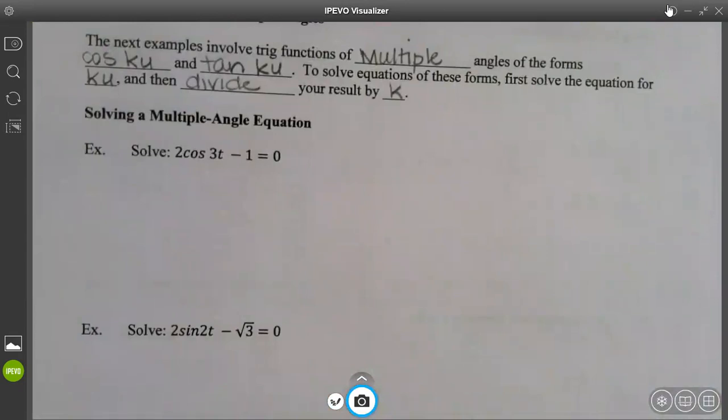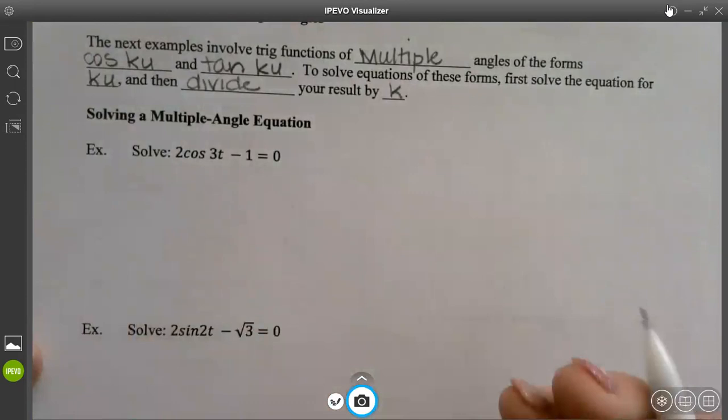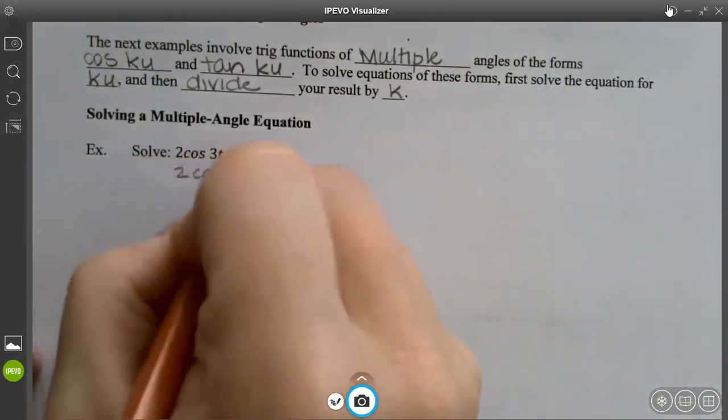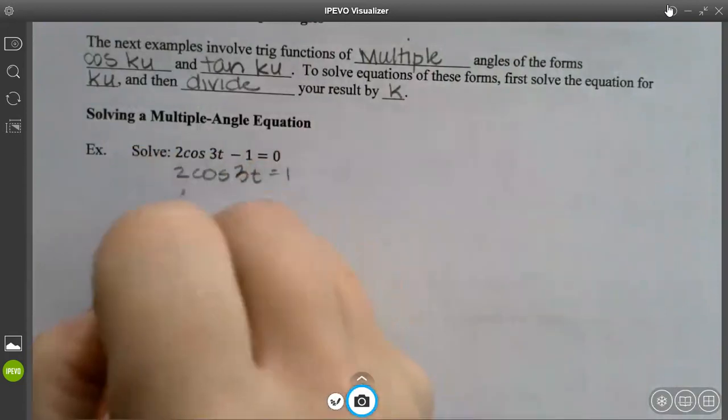All right. So if you look at all of these, they're all general because they don't go from 0 to 2 pi. So how would we solve this? We want to get cosine 3t all by itself. How do we do that? Divide by 2.